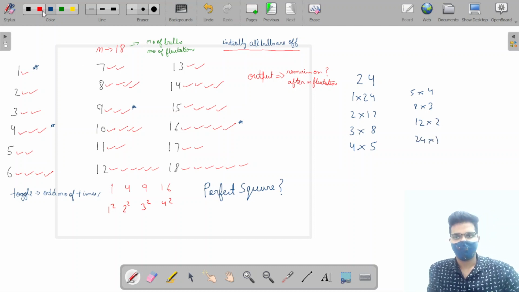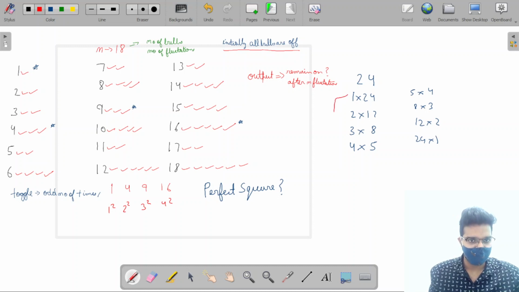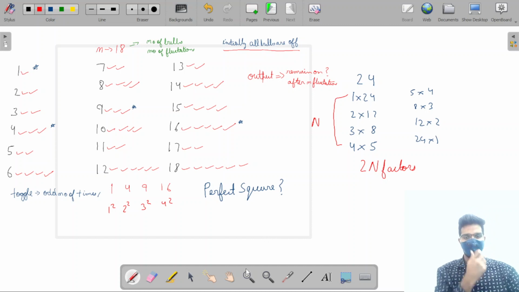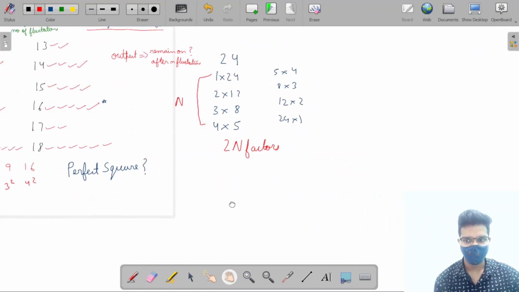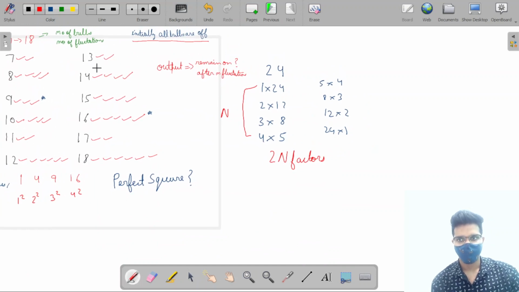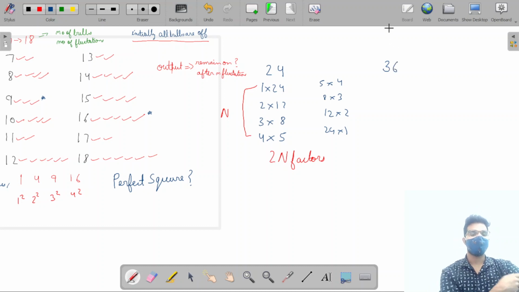So can I say if this is n, we got a total of 2n factors for a number which is not a perfect square. Now let's see for a perfect square. So let's take 36, and we know 36 is a perfect square because 6 square is 36.